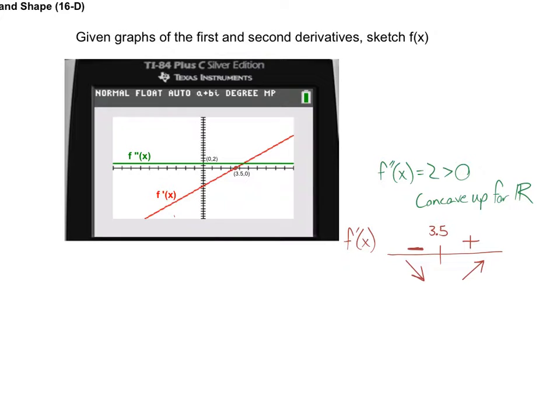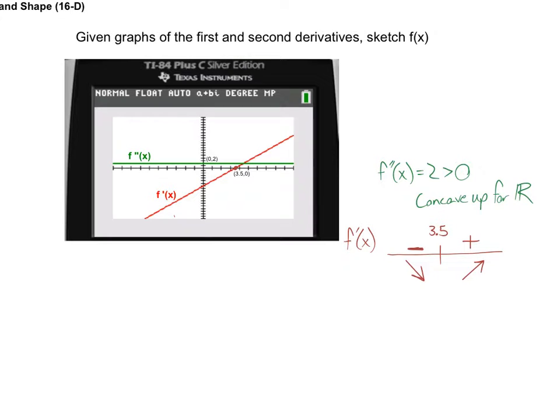So what do I have at 3.5? It actually is a vertex, because what's our function going to be? It's a parabola. If we're decreasing and then increasing, there's only one change in direction, and it's concave up the whole time. So I know we're going to have a parabola. Now, here's the deal. These could be the derivative and second derivative of any parabola that has a vertex where x is 3.5.